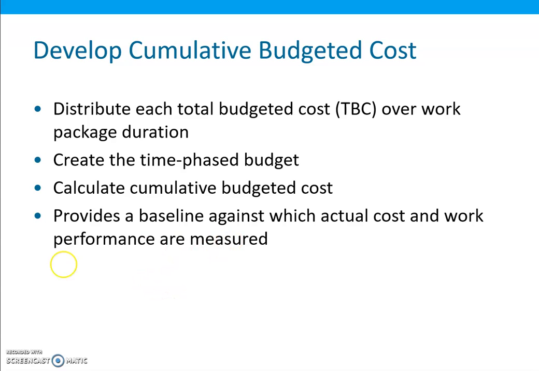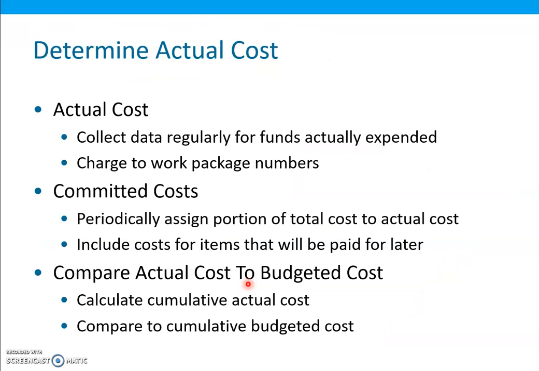Okay, so now let's talk about the actual cost. So how to determine the actual costs? Once the project starts, it is necessary to keep track of the actual cost and committed cost, so they can be compared to the cumulative budgeted cost. First, actual cost.